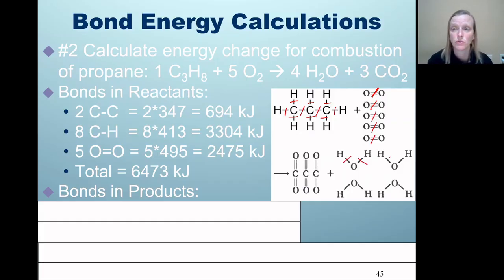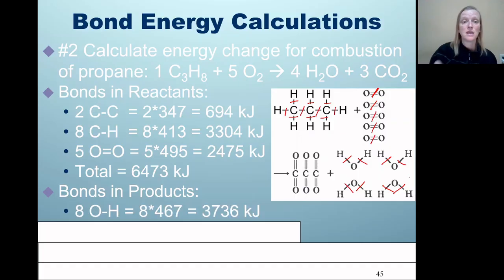If I look at the products now, I'll look at the water first. I've got 1, 2, 3, 4, 5, 6, 7, 8 oxygen-hydrogen single bonds. 8 oxygen-hydrogen single bonds each have a bond energy of 467, and when you multiply times 8, that's 3,736 kilojoules.